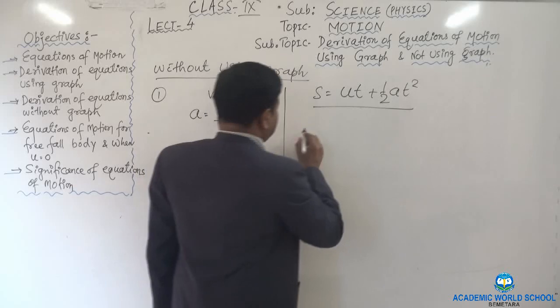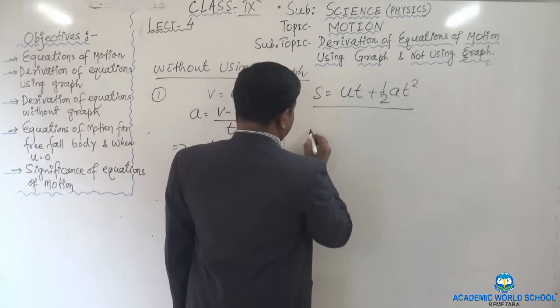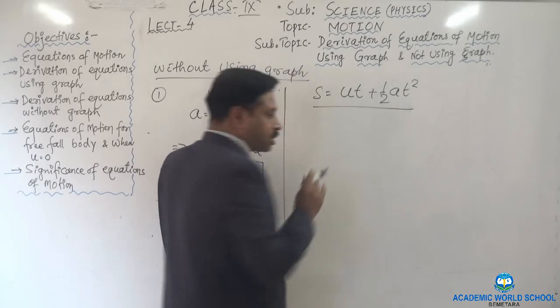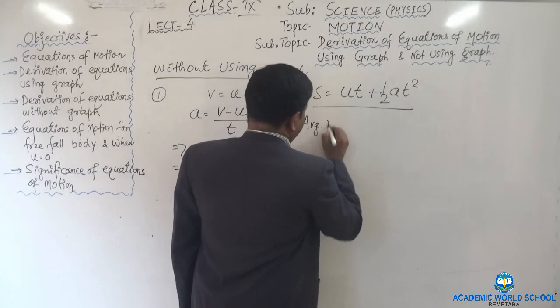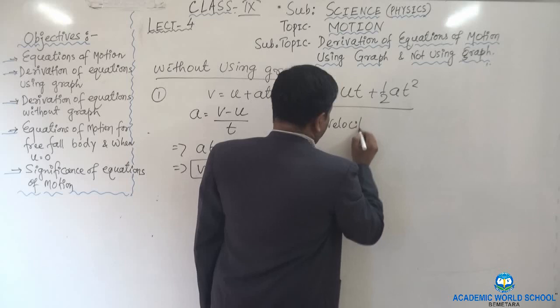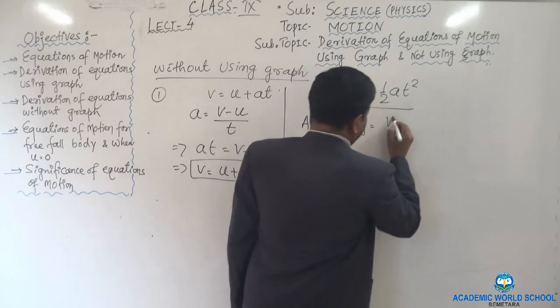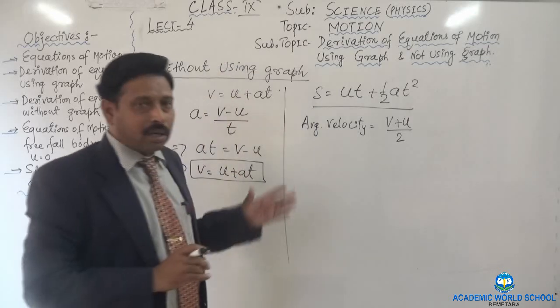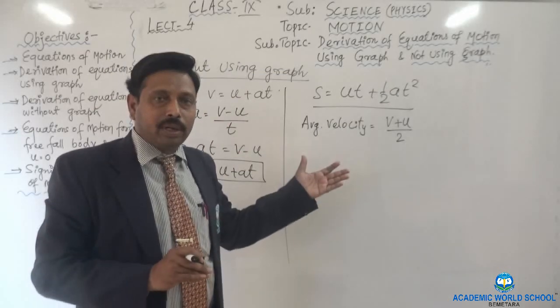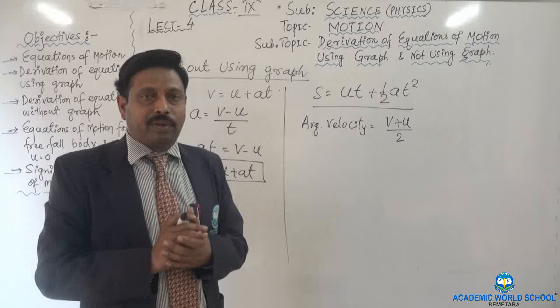So in that case, the displacement is equal to, first you write the average velocity. The average velocity of the body is equal to (v plus u) upon 2. Again I repeat, our body is uniformly accelerated, the acceleration is uniform.